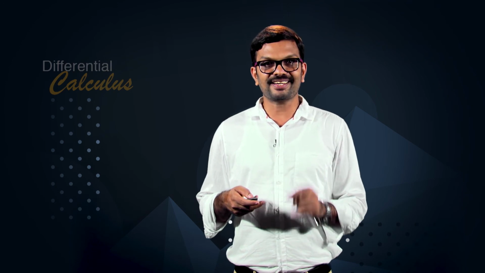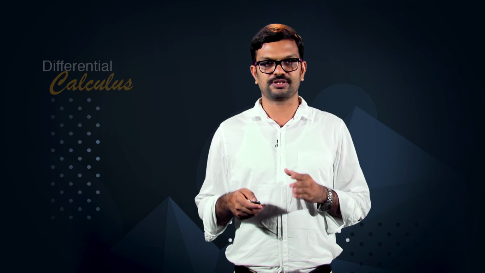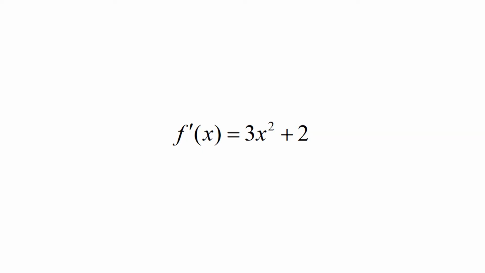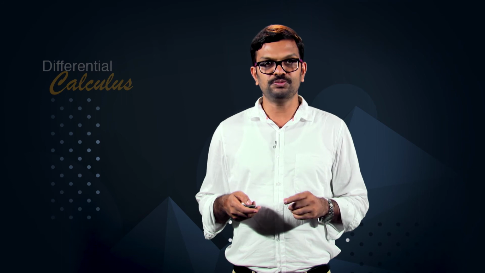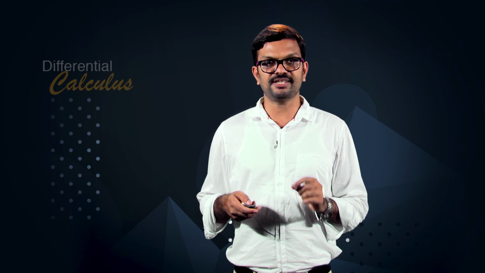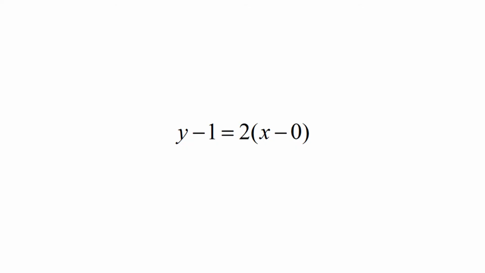The inflectional tangent at the point (0, 1) is obtained as follows: f'(x) = 3x² + 2 evaluated at x = 0 is 2, hence the slope of the tangent is 2, and the equation of the tangent at the point (0, 1) is given by the point-slope form y − 1 = 2(x − 0), that is, y = 2x + 1 is the inflectional tangent to the function at the point (0, 1).